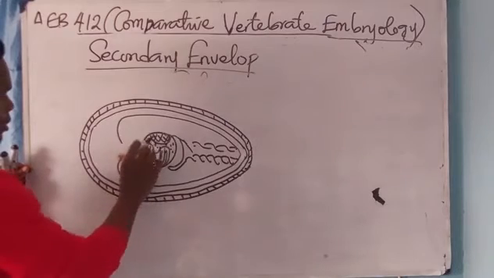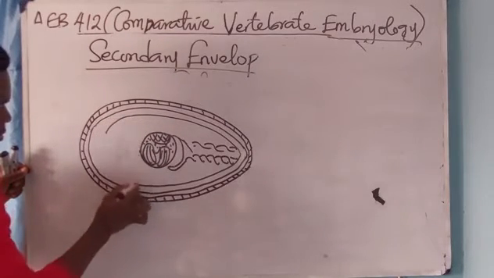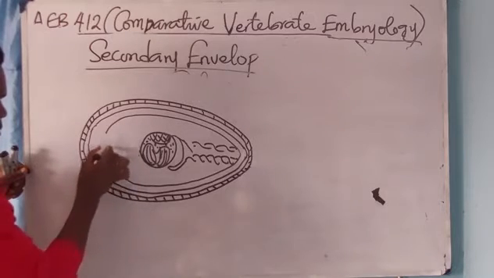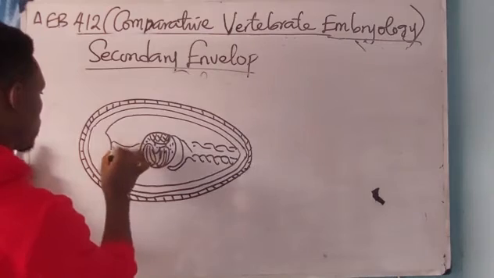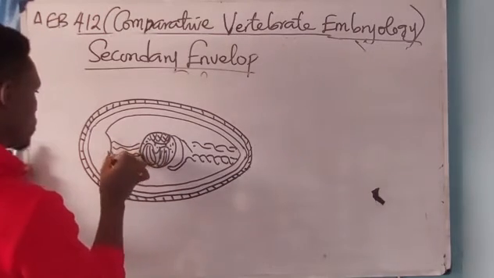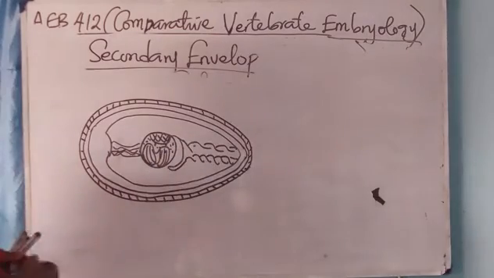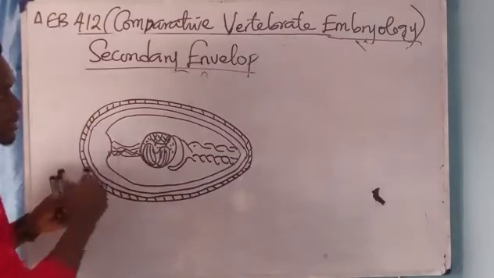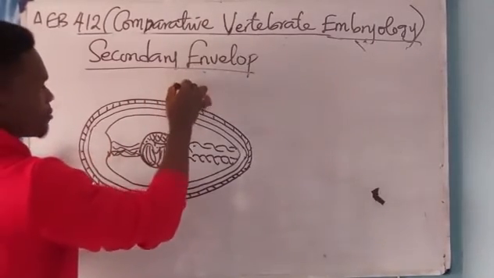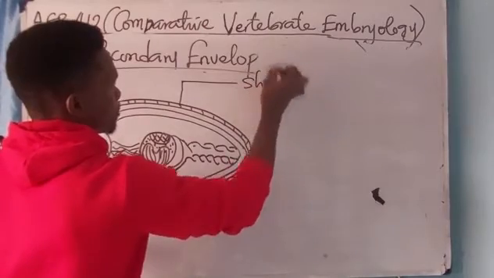Okay, let me extend it out a bit. Alright, so this is the diagram of the egg of a bird. You see, it is complicated. Now, this first part you have here is actually the shell.